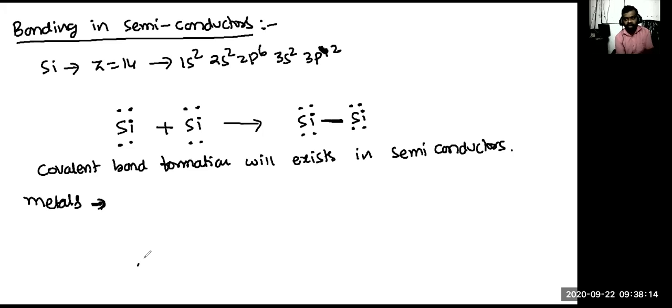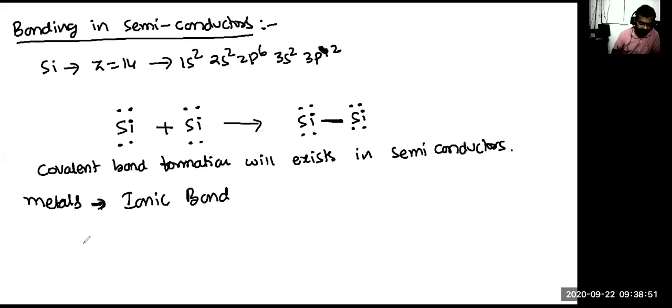In case of insulators, will there be any bond formation? No, sir. So covalent bond in semiconductors, ionic bond in metals.